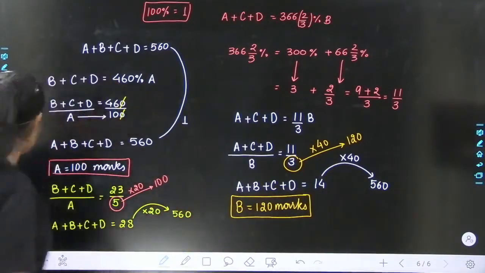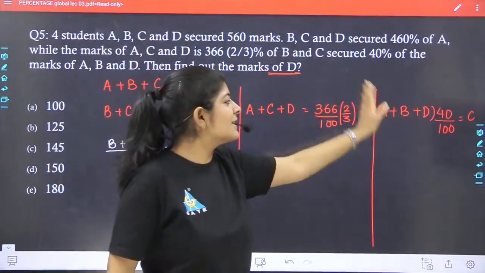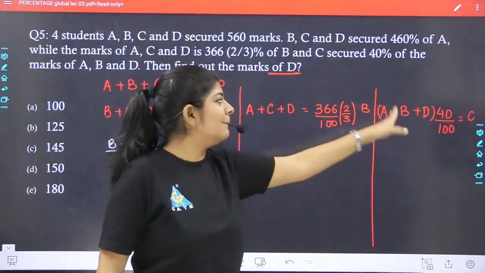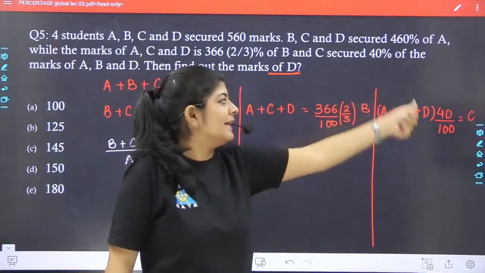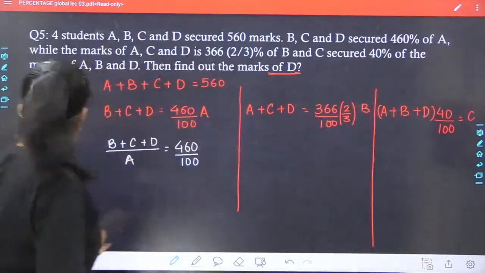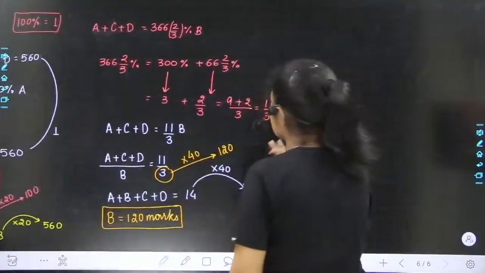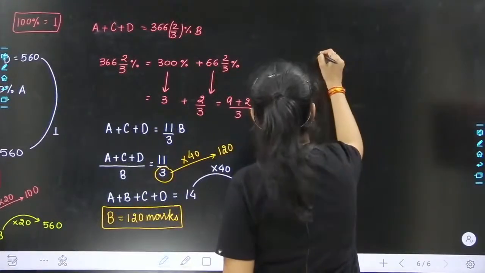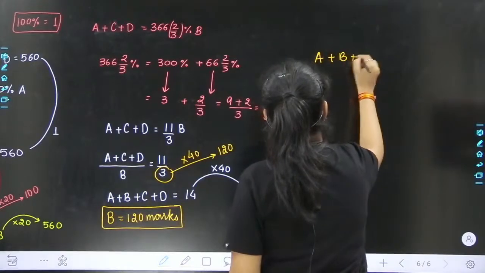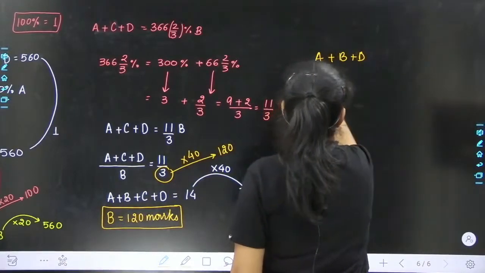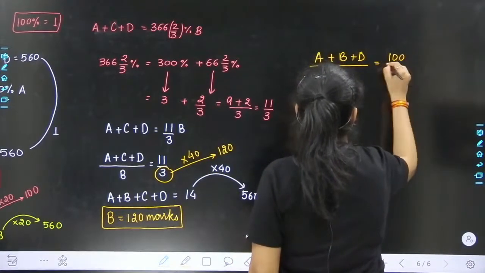Now we have to solve our third equation. That says the marks scored by A, B, D and 40% of the marks scored by A, B and D, that is equal to C. So I can write this equation as the marks scored by A plus B plus D by C, that is equal to 100 by 40.